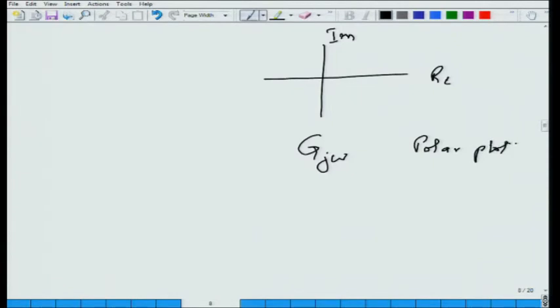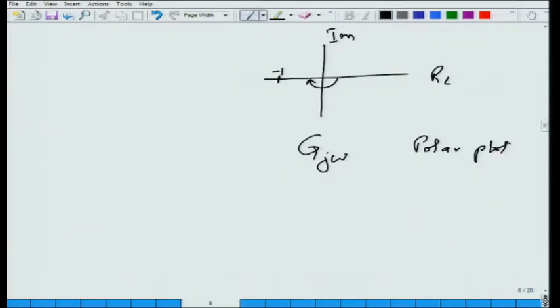Then a phase shift of minus 180 degrees means that the angle is minus 180, this is the angle. Amplitude ratio 1 means you are talking about this complex number. So, this number minus 1, real part is minus 1, imaginary part is 0, is actually special.